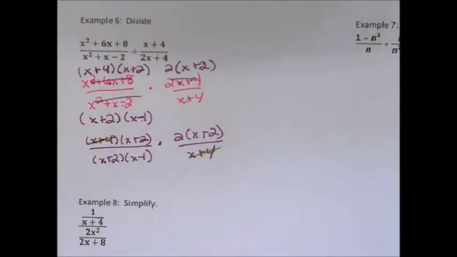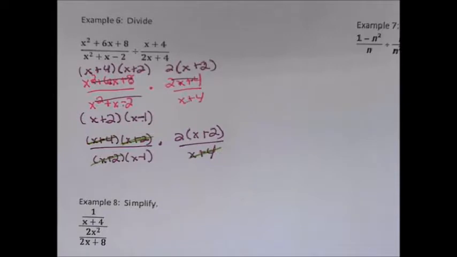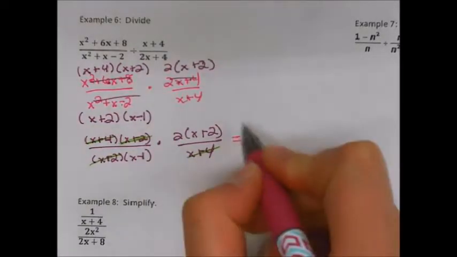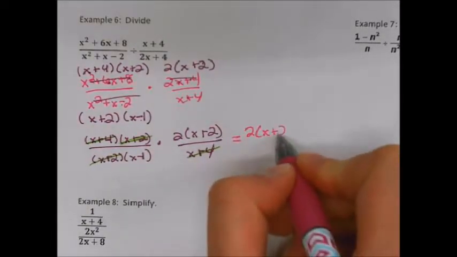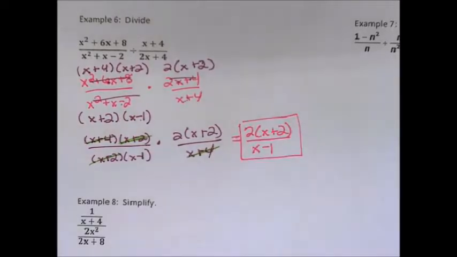I have an x plus 4 on the bottom and top. x plus 2 on the bottom and top. Nothing to the 2 and not an x plus 2. So my final answer is 2 times x plus 2 over x minus 1.